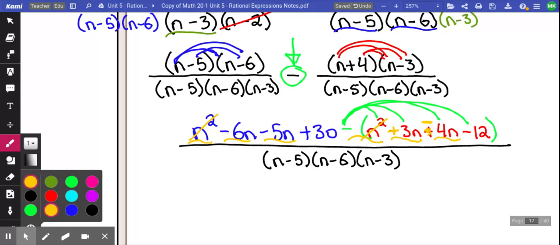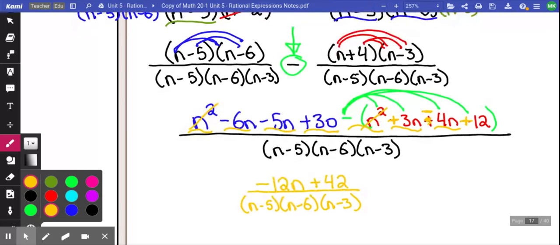You put that in your calculator, and you will get negative 12n. I then have plus 30 plus 12 to be plus 42. Divided by n minus 5, n minus 6, n minus 3. Like that.